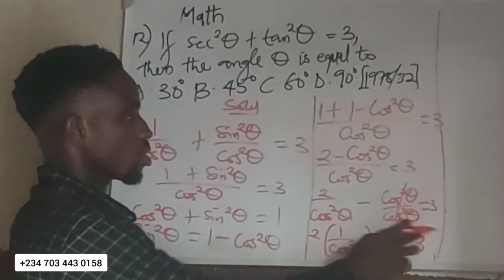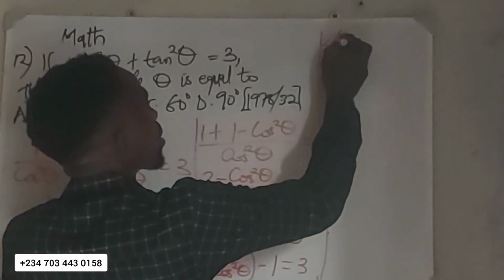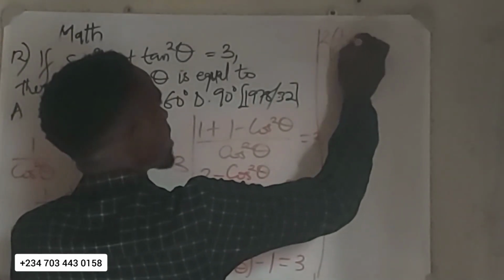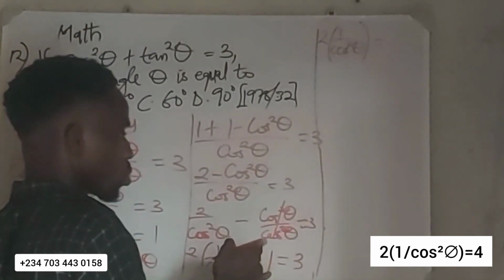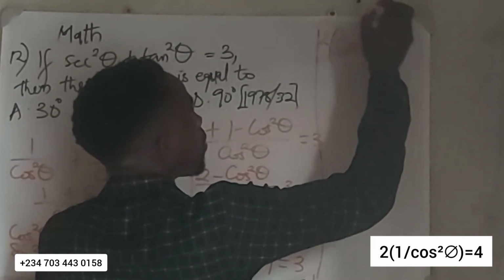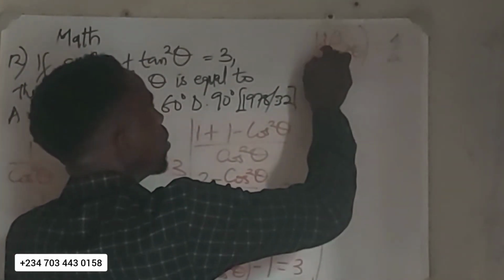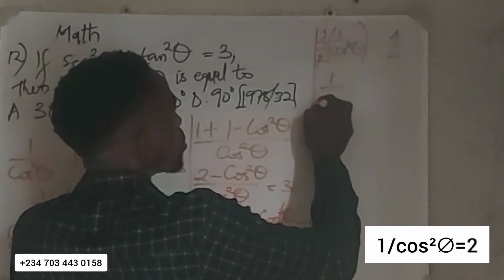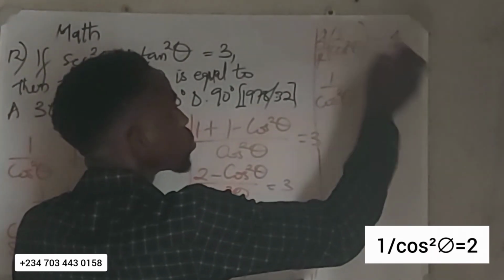When this 1 goes over, it becomes plus 1, so 3 plus 1 is 4. Then I divide both sides by 2, and I have 1 upon cos squared theta is equal to 4 upon 2, which is 2.